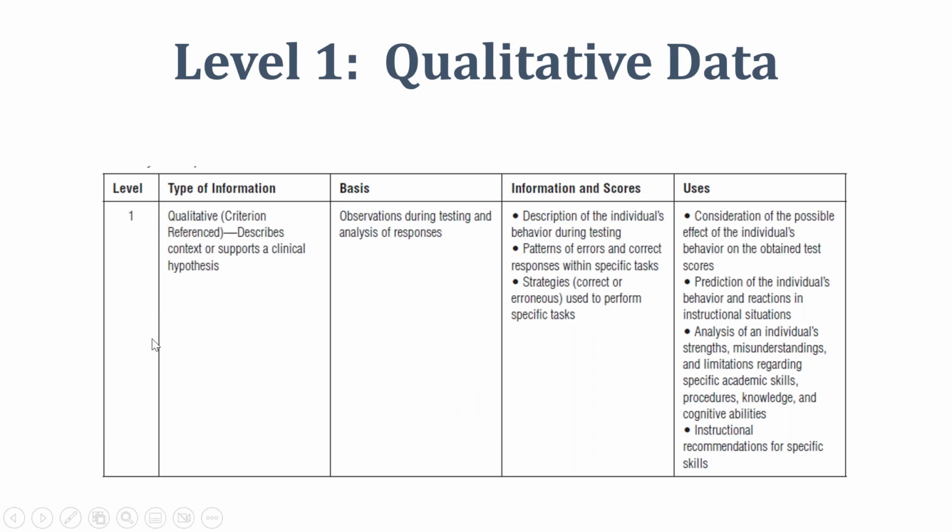Within the manual of the WJ, they do provide you with some guidance regarding the different levels that Dr. Holman just went over. So at level 1, that qualitative piece of data, which we know is very important that we integrate into our assessments, we get a good understanding of the problem-solving tasks, the strategies that the student engages in during the actual assessment, pulling in information regarding the patterns of errors and correct responses made within specific tasks.